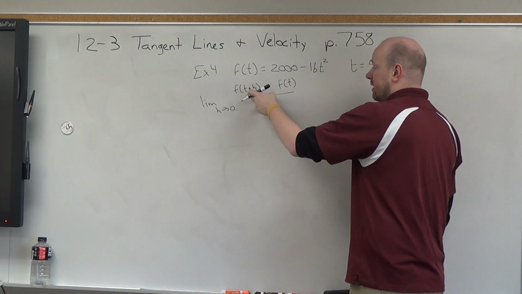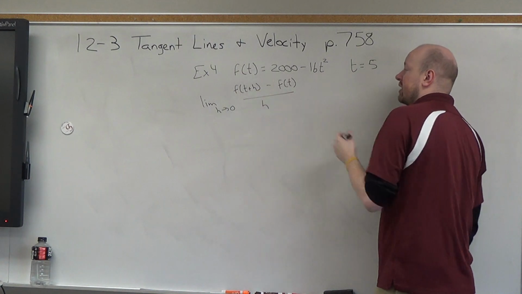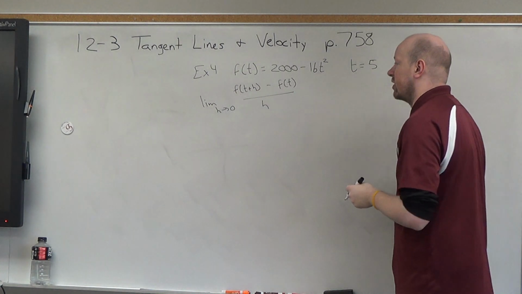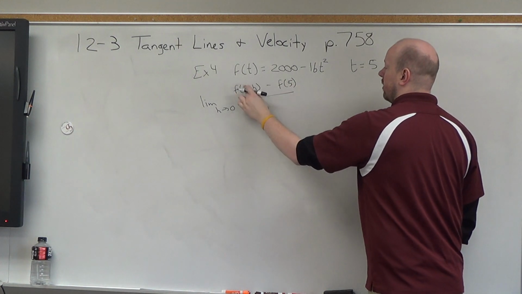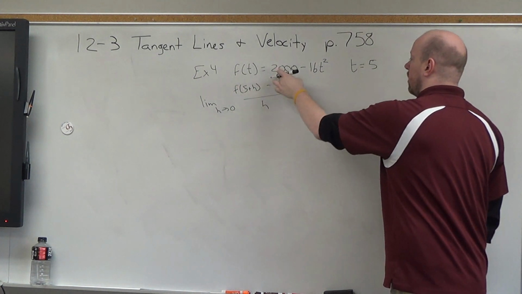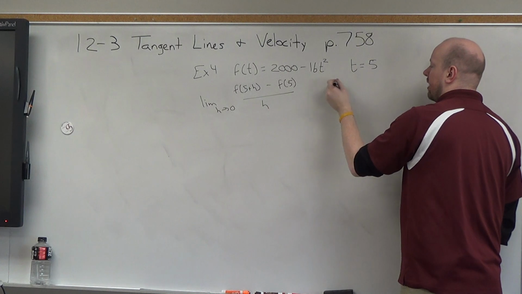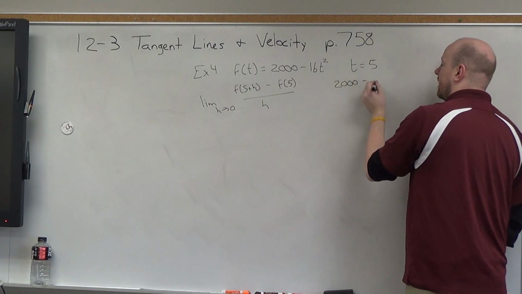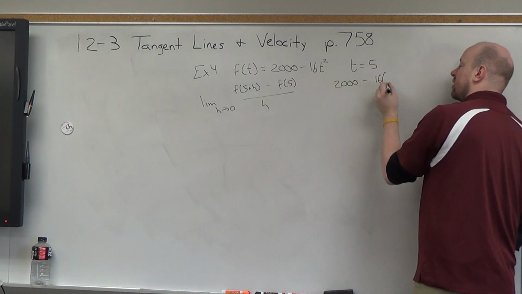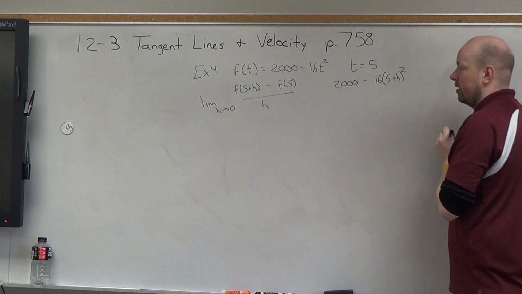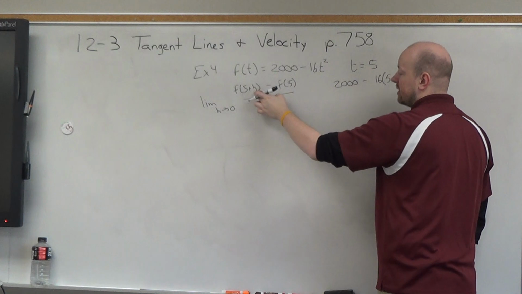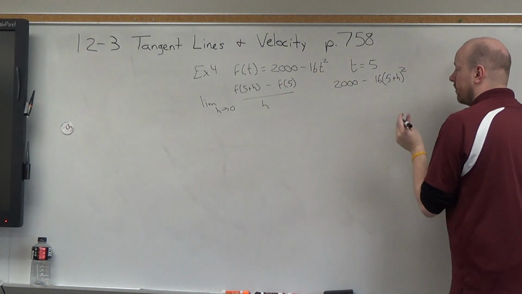Well, I just plug in t plus h, in this case 5 plus h, everywhere I see a t in my function. Remember, this is f of 5, this is 5 plus h. Well, nothing's going to happen with my 2,000, so 2,000 minus 16 times the quantity 5 plus h squared. Because that's what's happening. My 5 plus h is plugged in for my t squared.